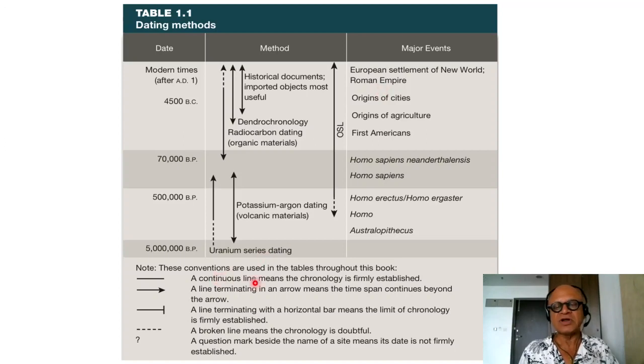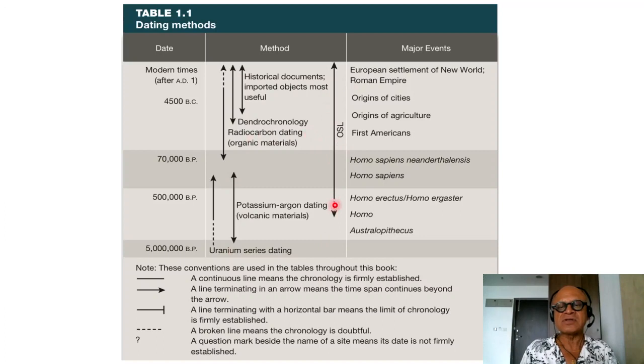These conventions are used in the tables throughout this book. A continuous line means chronology is firmly established, like, let's say, this one. A line terminating in an arrow means the time span continues beyond the arrow, so we can go to the origin of the solar system in this direction and to the present in this direction.